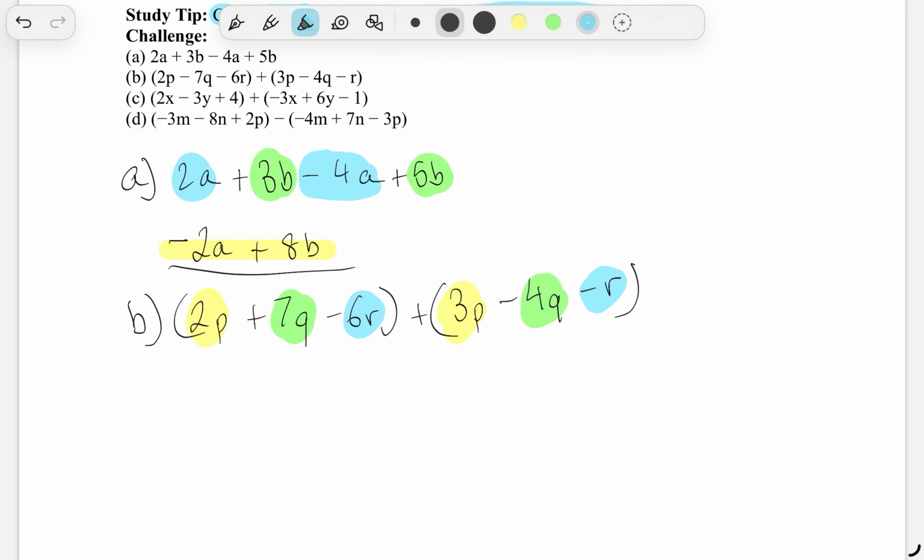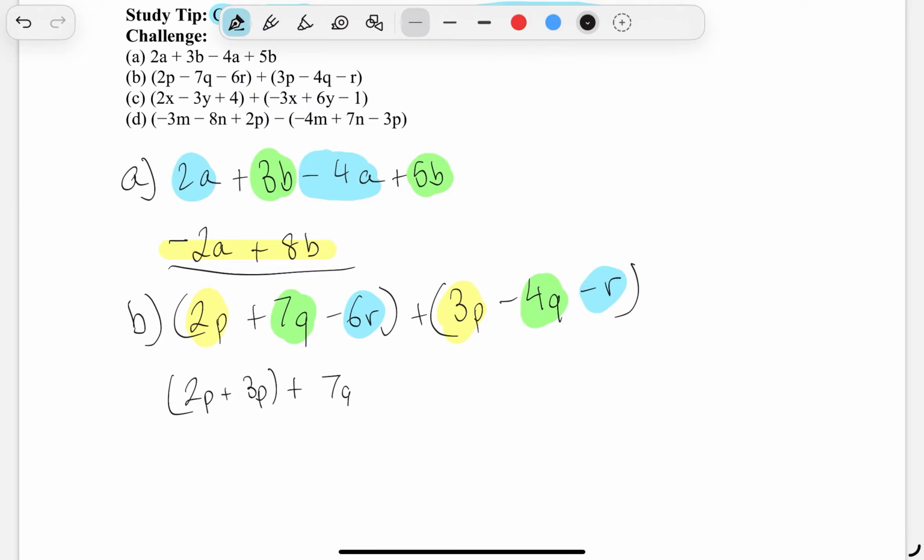If we were to work that out, that would be 2p plus positive 3p. I'm just going to put them in their own little brackets. Plus we've got 7q minus 4q, plus minus 6r minus r.